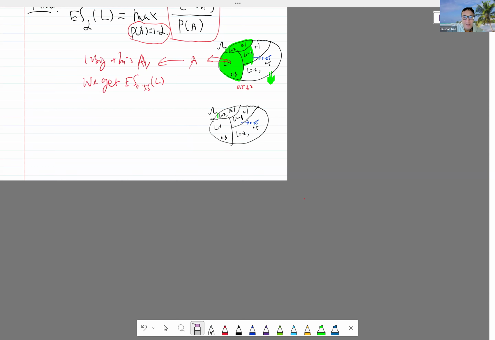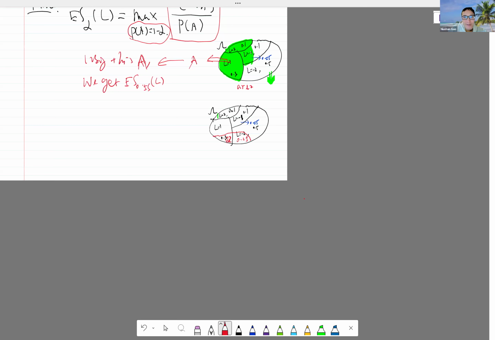If I choose another set, for example, I choose the probability here. I need 0.45, right? Maybe I choose 0.2 here. A part of this and a part of this.